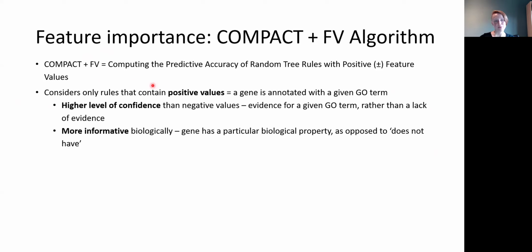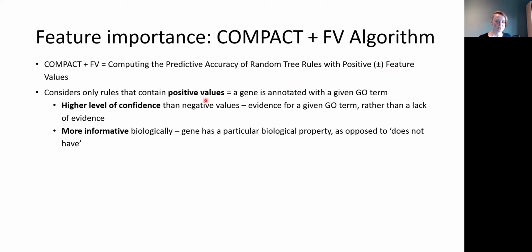because in the paper that we're talking about, they came up with their own feature importance measure, which they called the Compact Plus FV algorithm, which stands for computing the predictive accuracy of random tree rules with positive feature values. Essentially, the main headline is that it only looks at rules that contain positive values.